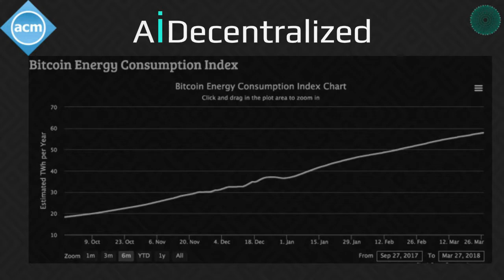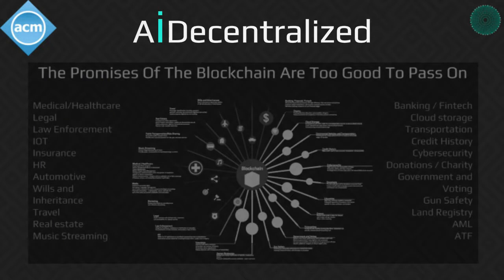Cool. So why we need to do this: if we were to learn from the blockchain to build anything that is autonomous AI, it's important to look at some of the promises of the blockchain, and they're too good to pass on.